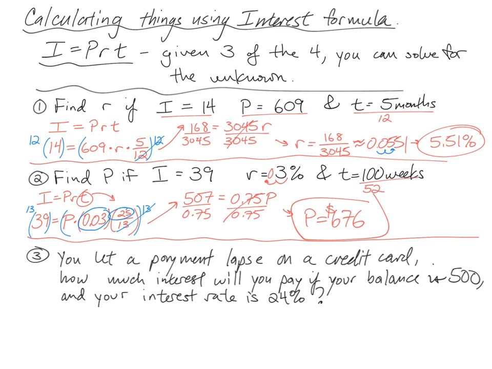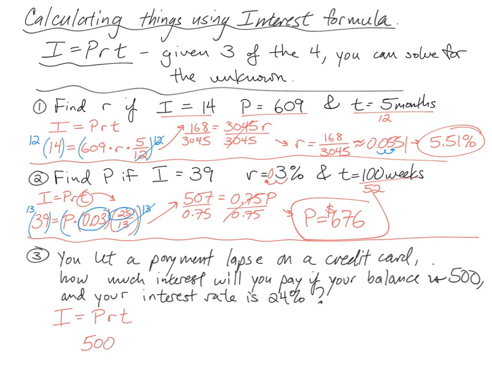So we know the time, 1 month. We know the balance, and that is P. So P here is 500. We know the interest rate. We're trying to compute how much interest. We don't know I. So when I write this formula down, I equals P times R times T. We know P is 500.